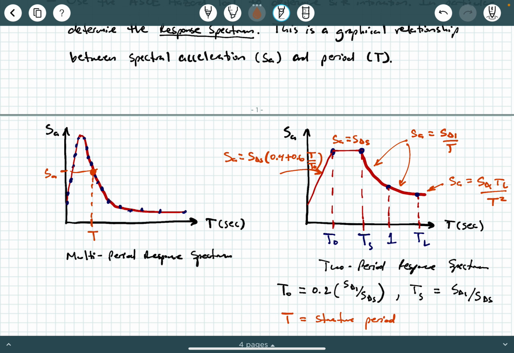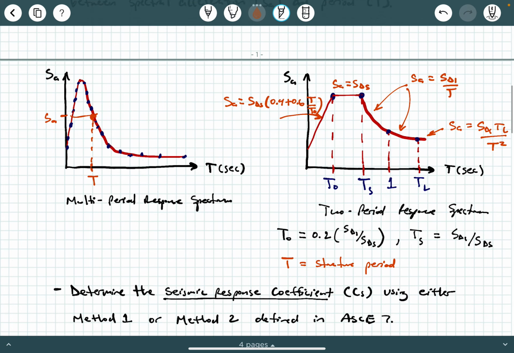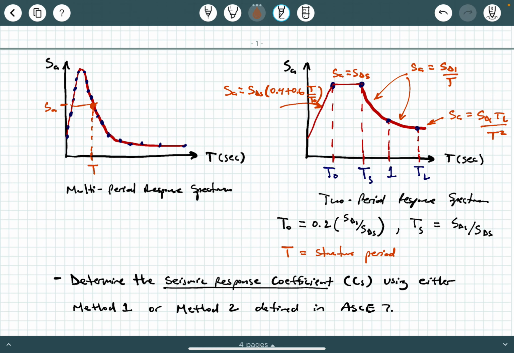You have these governing equations for each one of these pieces, and you would evaluate the particular equation based on the domain you're on. But for the multi-period response spectrum, you can just visually go right in with T, hit this curve, and read it off directly. So I personally like this move towards multi-period response spectrum because I feel like you can read off spectral accelerations a lot more straightforwardly than we used to with the 2-period response spectrum, okay?